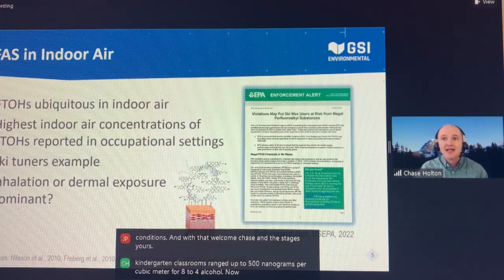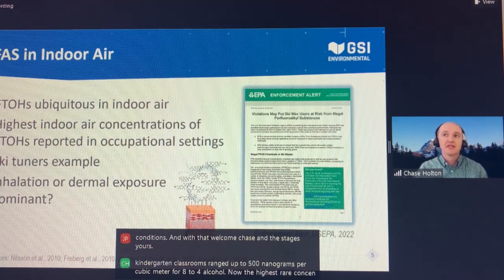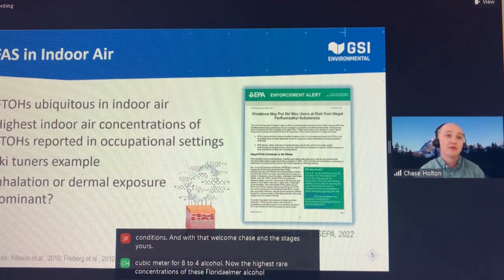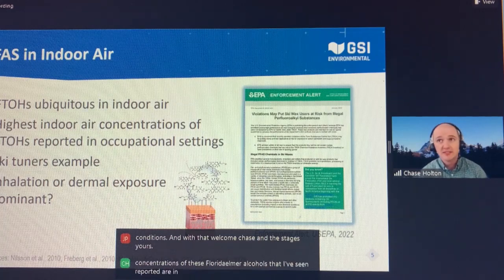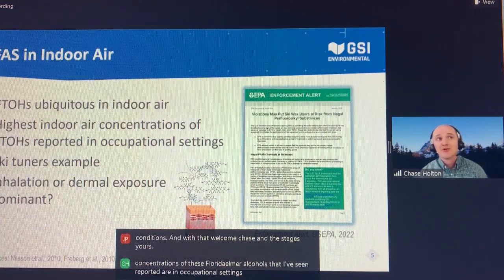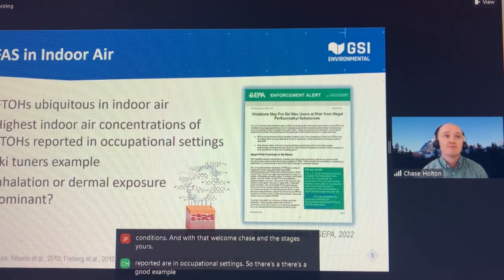Now, the highest indoor air concentrations of these fluorotelomer alcohols that I've seen reported are in occupational settings. There's a good example from ski tuners.